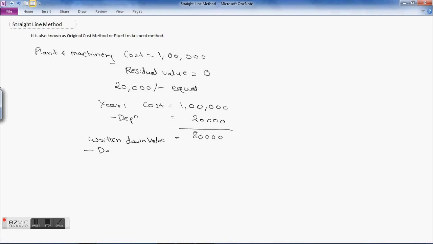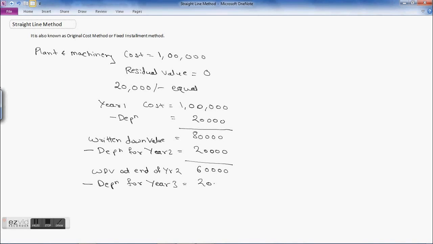Then depreciation for the second year will be again 20,000. So WDV at the end of year 2 is 60,000, less depreciation for year 3, 20,000.